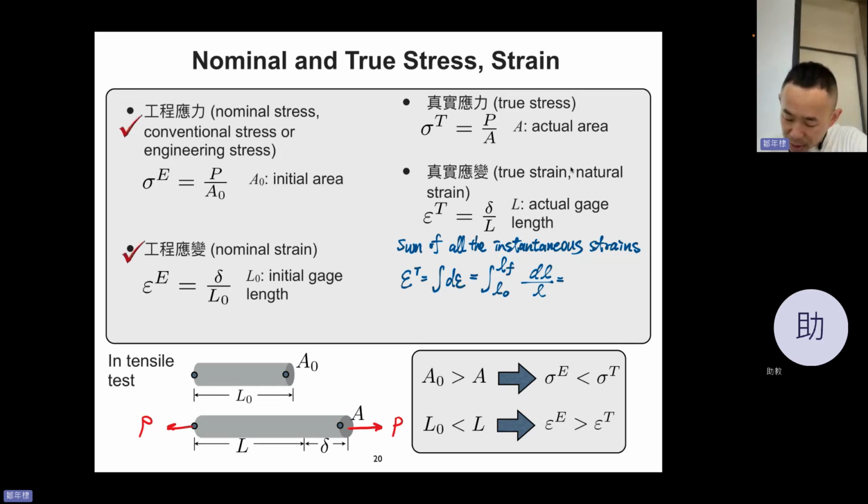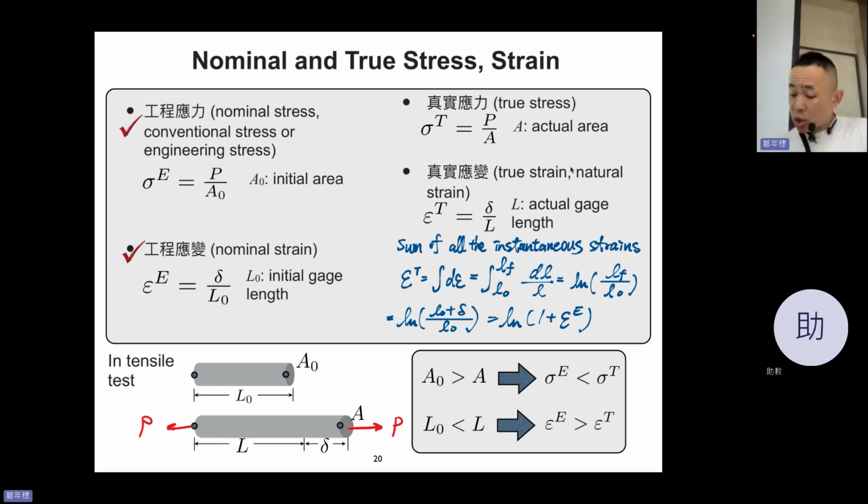After that you will have the natural log of L final over L-naught. I believe most of you passed calculus in your first year, so suppose you can understand why the integration looks like that. It becomes the natural log of one plus epsilon E.